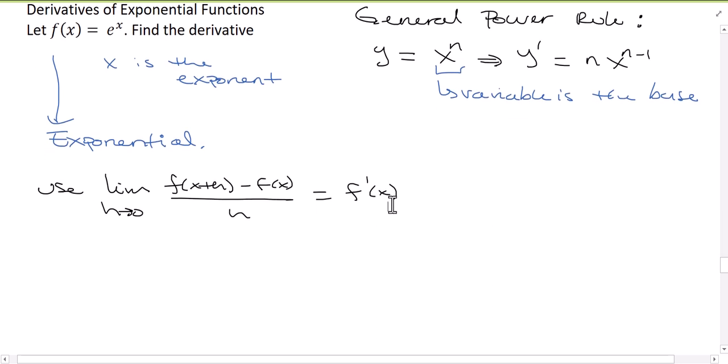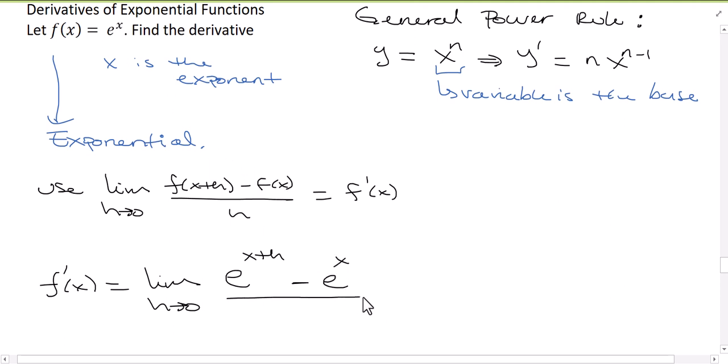So in our case, f prime of x is going to be the limit as h goes to 0 of f of x plus h. f of x is e to the x, so everywhere we see an x, we replace it with x plus h. So this will be e to the x plus h minus f of x, which is e to the x, so minus e to the x all over h.